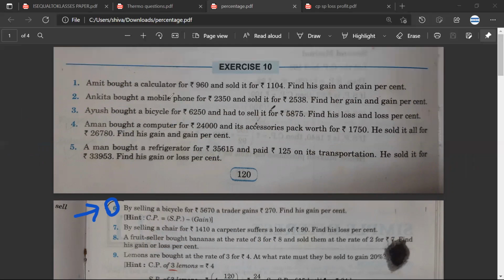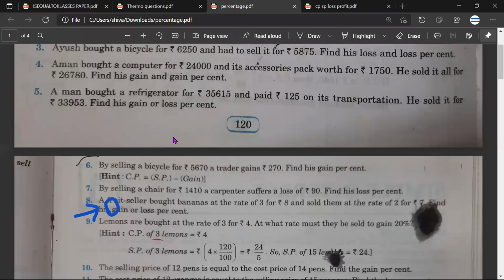Question number 6. So a person sells his bicycle for 5,670 and his profit is 270. So that means he bought the cycle for 5,670 minus 270. So that would be 5,400.